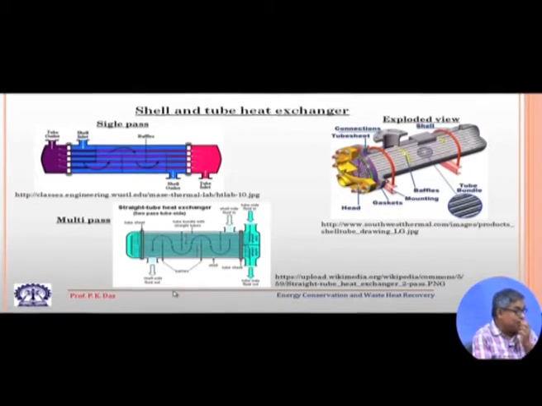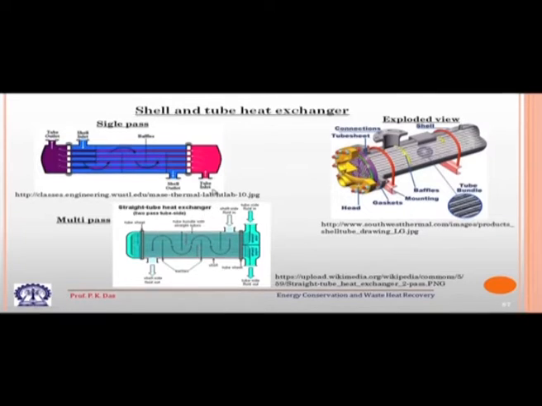The colors have been selected in such a way that the tube side fluid is hot, and as it passes its temperature falls and it leaves the shell and tube heat exchanger in colder condition. The shell side fluid is cold, but as it comes out here, obviously it will gain some amount of temperature.